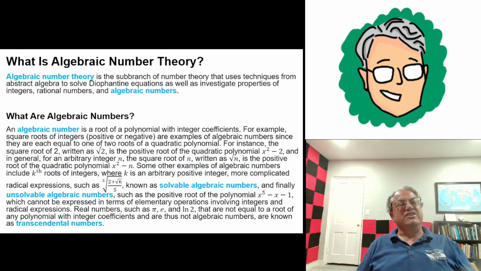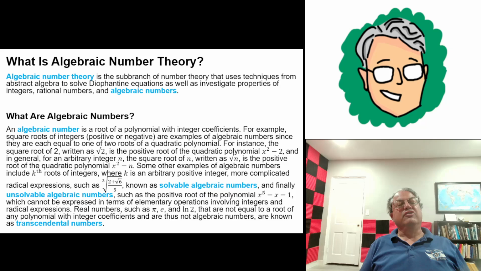Anyway, let's delve into algebraic number theory now. This is the main thing I want to talk about. That's what this whole series is going to be devoted to. So, like I said, algebraic number theory is a sub-branch of number theory that uses techniques from abstract algebra to solve Diophantine equations.